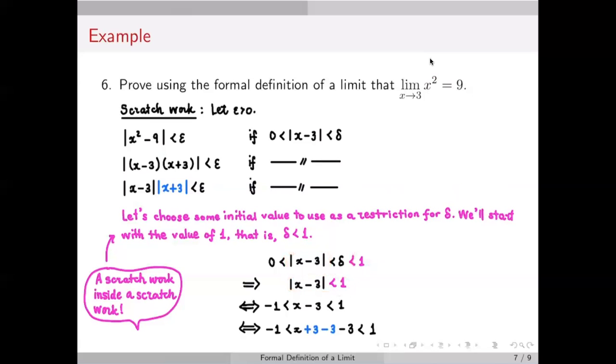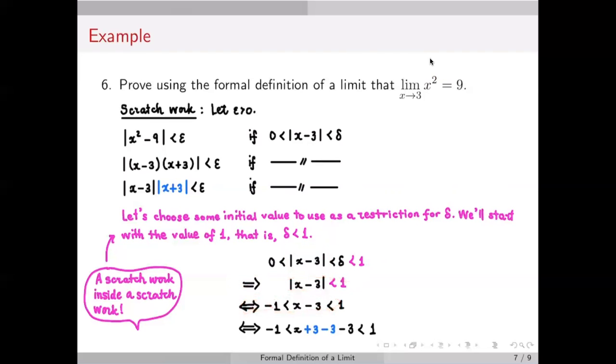Then we use the property of absolute value. If the absolute value of x minus 3 is less than 1, it means x minus 3 is between -1 and 1. Notice the arrows here: this follows from this, but not the other way around. But this is equivalent to this statement.